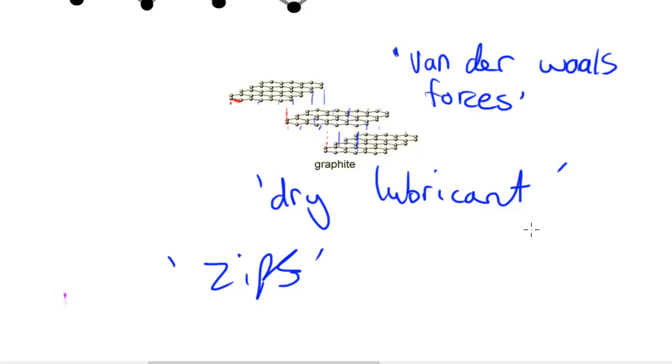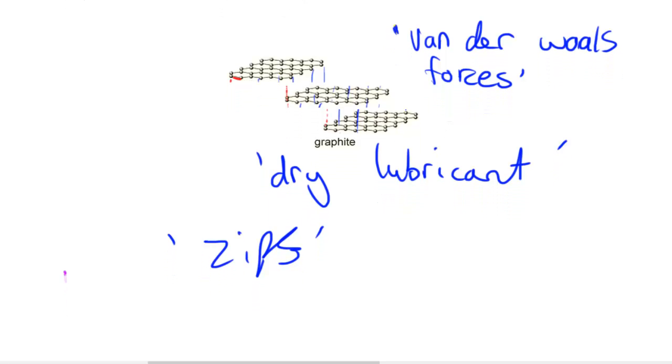So we'd want a dry lubricant, because a lubricant which isn't dry is going to be a bit inconvenient. It can also be used in things like keyholes as well. So this is one of the things we'd use it for.